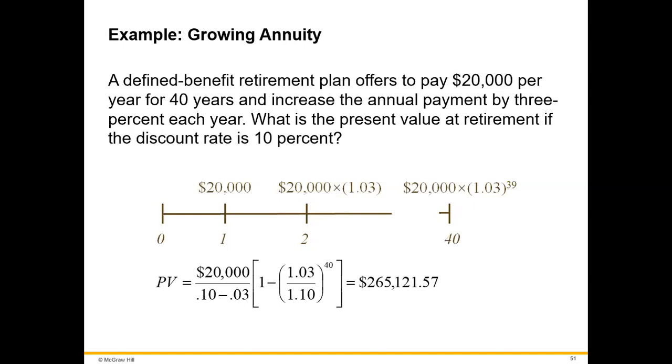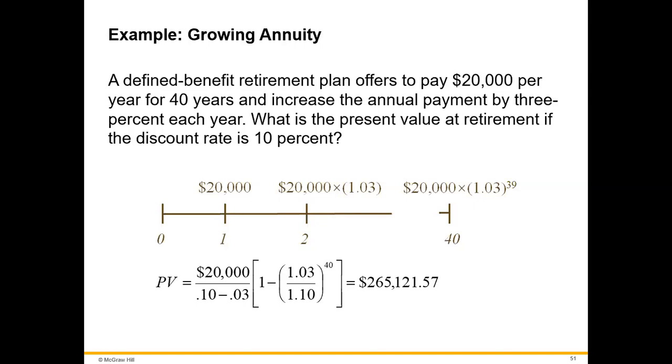So your first payment, $20,000, then you're going to get an increase of 3% of that $20,000 for the first year, then that result times 3% for the second year, etc. What is the present value at retirement if the discount rate is 10%?